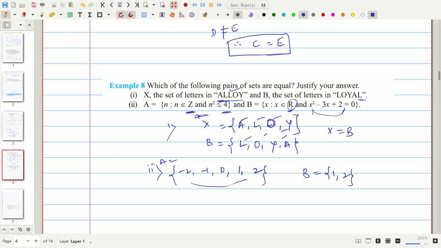If we put 1, 0 is equal to 0 will come, and if we put 2, then 0 into 0 is equal to 0 will come. This set is not equal because 0 is not there, and -1, -2 we are not having in B. Therefore we can say A is not equal to B.